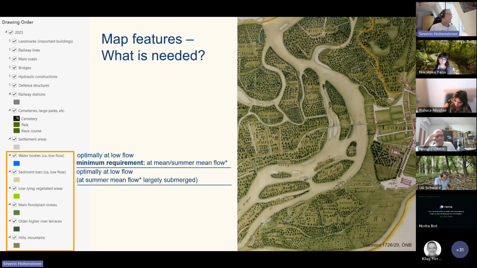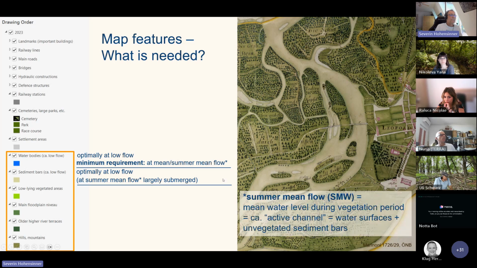And as already said, water bodies would be of highest value at low flow situation, but the minimum requirement would be that they are mapped at the mean or summer mean flow, and sediment bars optimally also at low flow, because at higher flow or at summer mean flow they are largely submerged, and you can't see them in the maps. And what does summer mean flow mean?